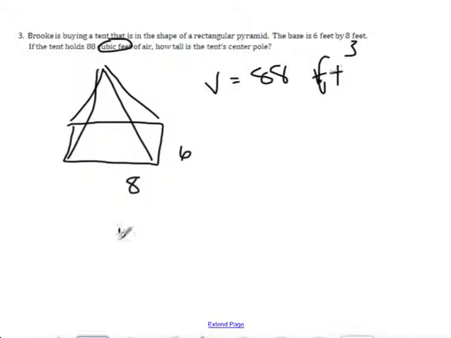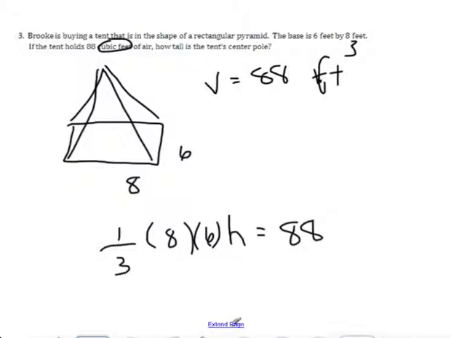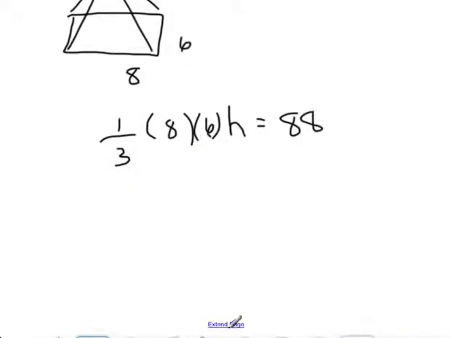So remember that the volume is 1/3 times the area of the base. The area of the base is going to be 8 times 6, and then we need to multiply it by the height, which we don't know, so I'm going to plug in h. And that's going to be equal to the volume. So I have 1/3 times 8 times 6. I'm going to write that as 48 divided by 3 times h is equal to 88.